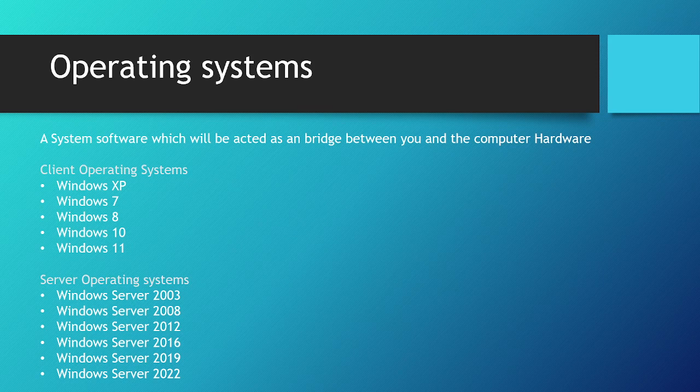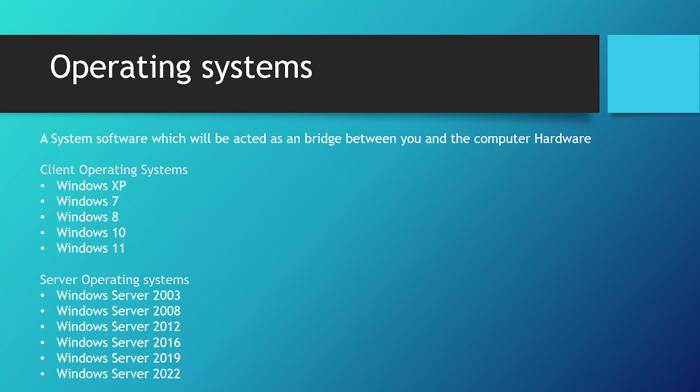Now you understood, but you want to know, sir, how can I verify whether the laptop or the computer I'm using now is a client computer or a server computer? How can I identify? Is there a physical difference or a software difference?